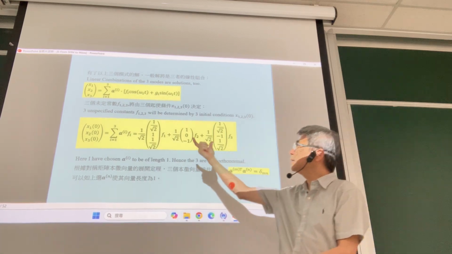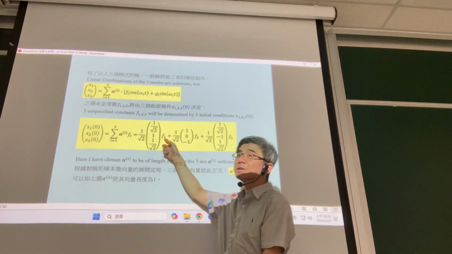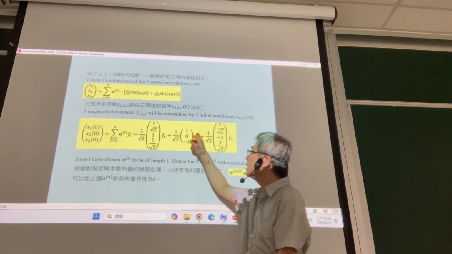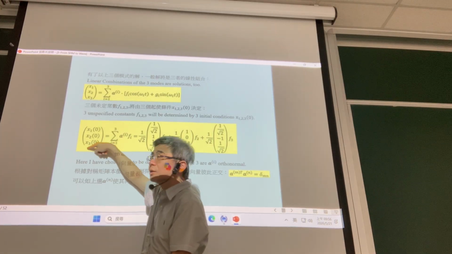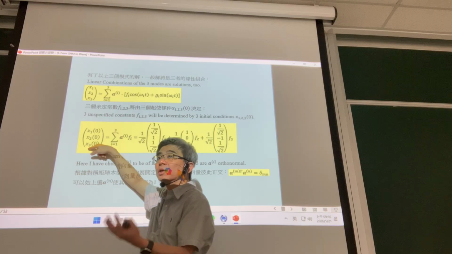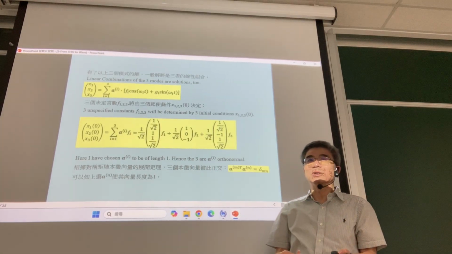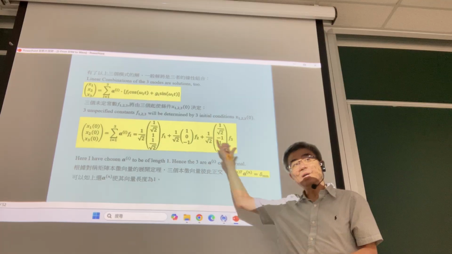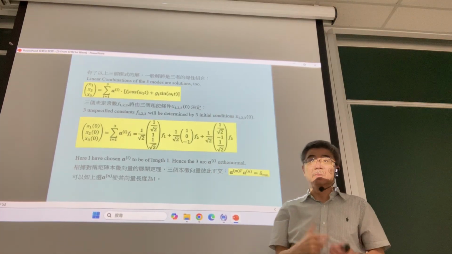Okay, expanded out, it looks like this. So it becomes a system of equations for F1, F2, and F3. Remember, these are the conditions the problem will give you, and F1, F2, and F3 are the numbers you want to solve. So 3 equations, 3 unknowns, F1, F2, and F3 will be solved.